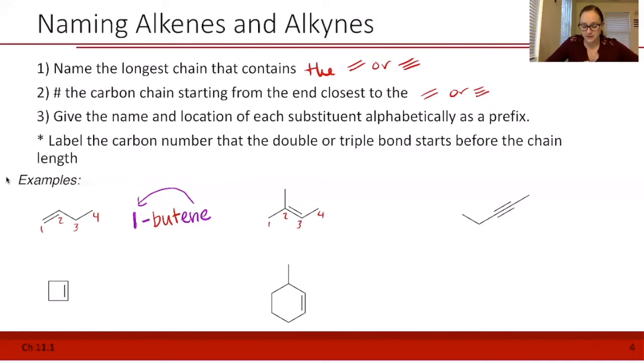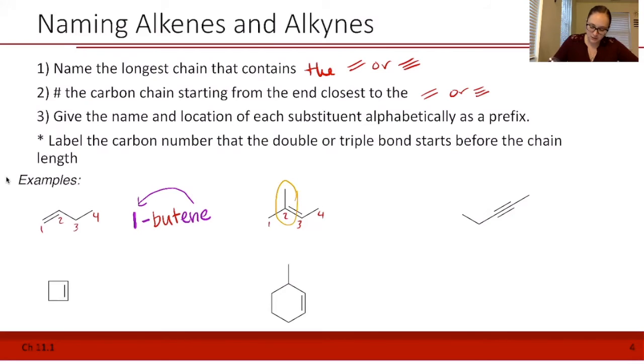So if we have this numbering, let's check number 2. It has a carbon chain starting from the end closest to the double or triple bond. So either way that we number these, forward or backwards, we're going to have the double bond starting at number 2, which is great. So I'm going to keep the numbering here because then this also keeps my substituent. Let's circle that guy. It keeps my substituent at the lowest number possible, which is number 2.